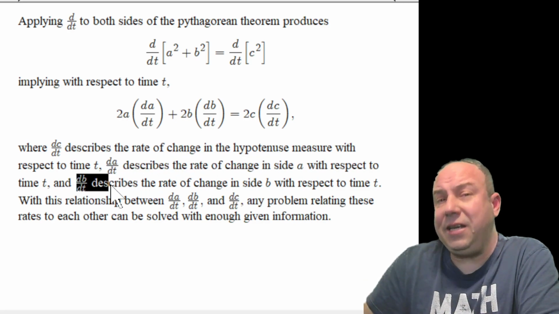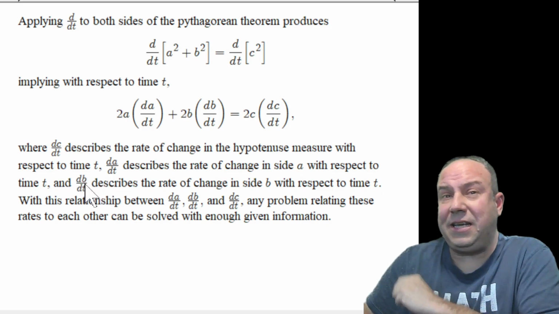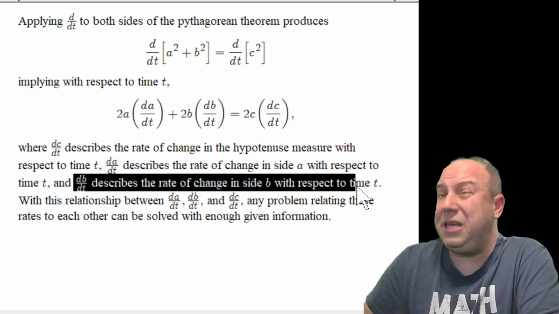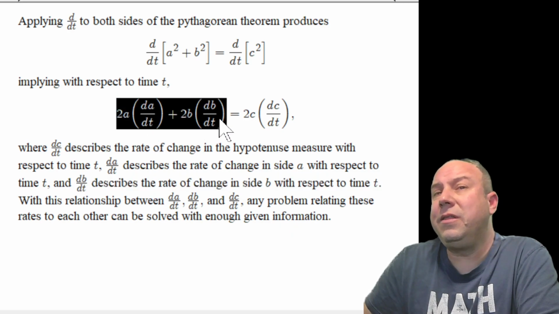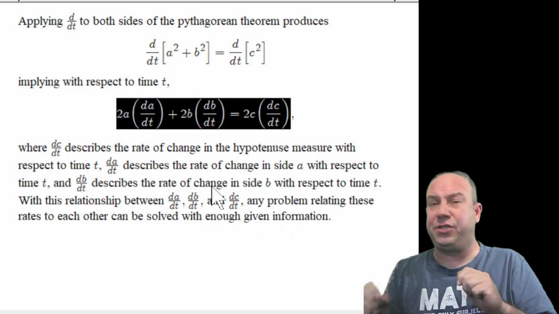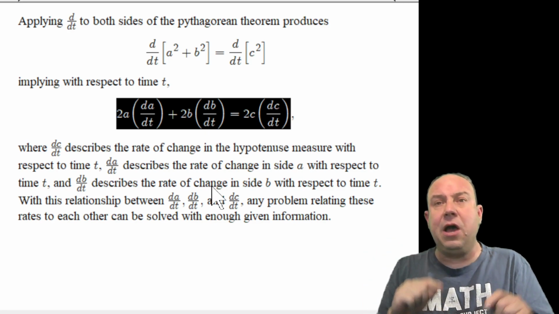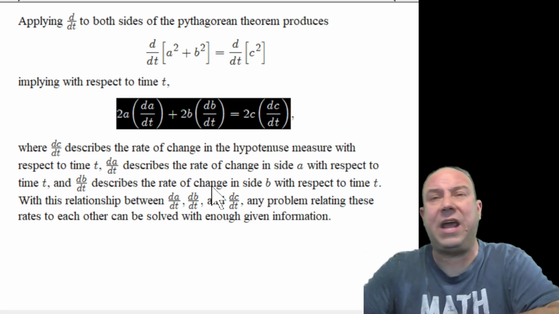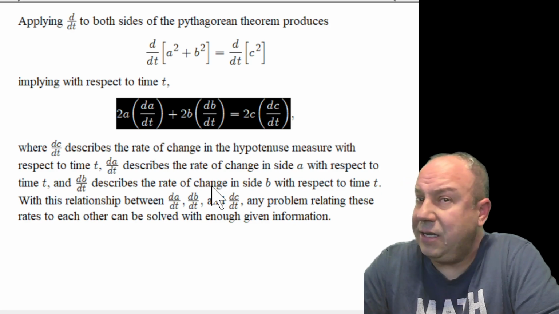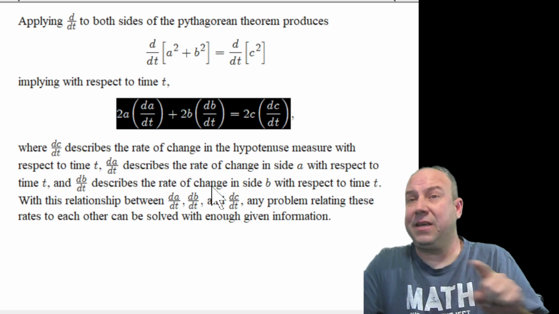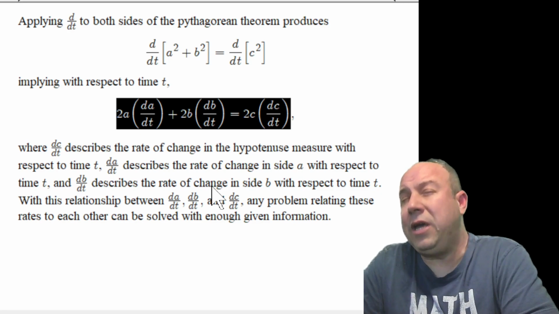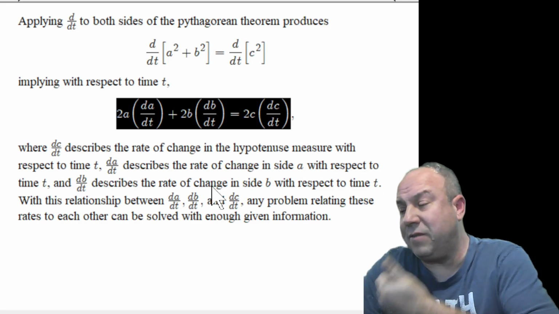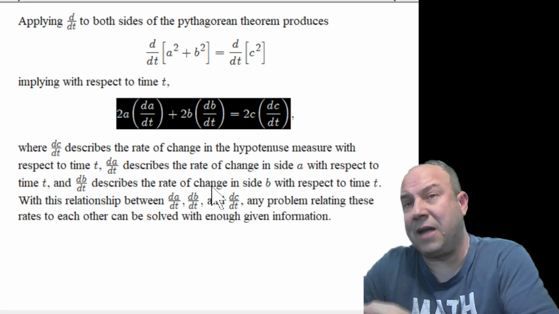And dB dt describes the rate of change in side B with respect to time t. And this is a relationship relating all of those rates, those instantaneous rates of change, together in the relationship between the side measurements of a right triangle and the hypotenuse measurement.